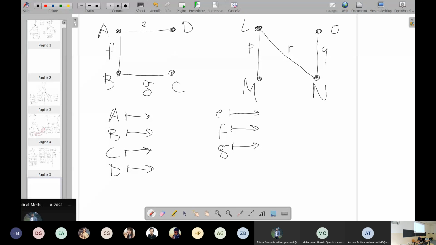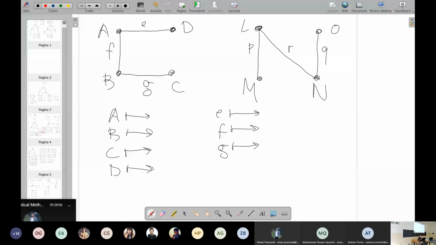Any idea from outside? Any idea here in class? Please, I can't hear you. Okay. I suggest that you start by the edges.